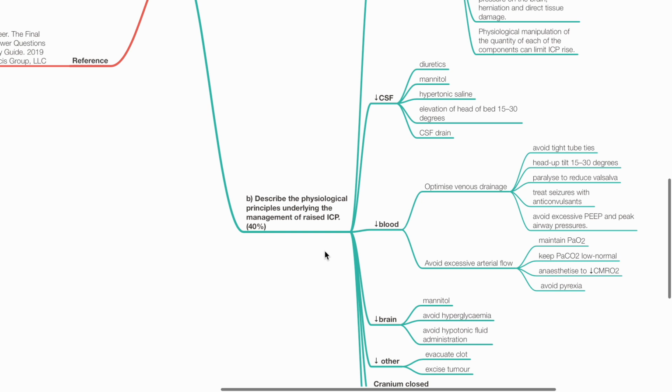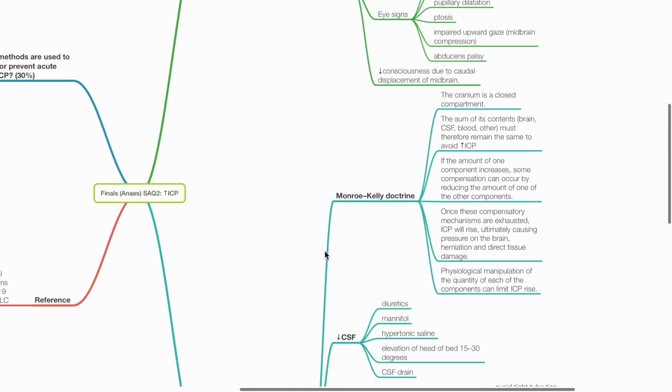B. Describe the physiological principles underlying the management of raised ICP, 40 marks. The Monro-Kellie doctrine states that the cranium is a closed compartment and the sum of its contents, which are the brain, CSF, blood and others, must therefore remain the same to avoid raised ICP.